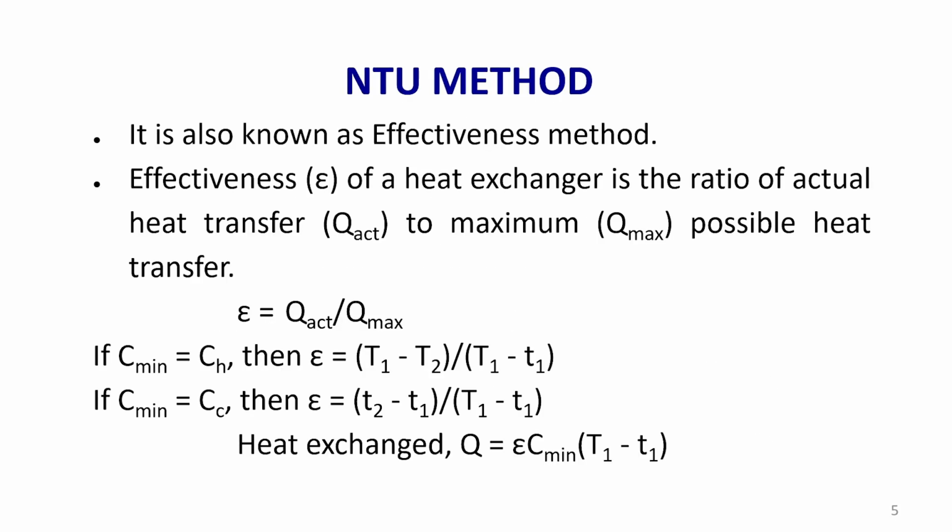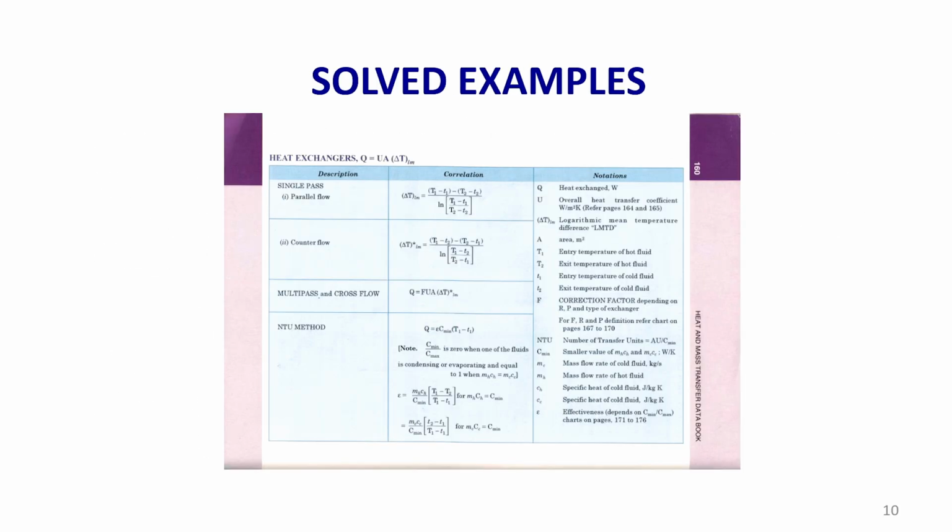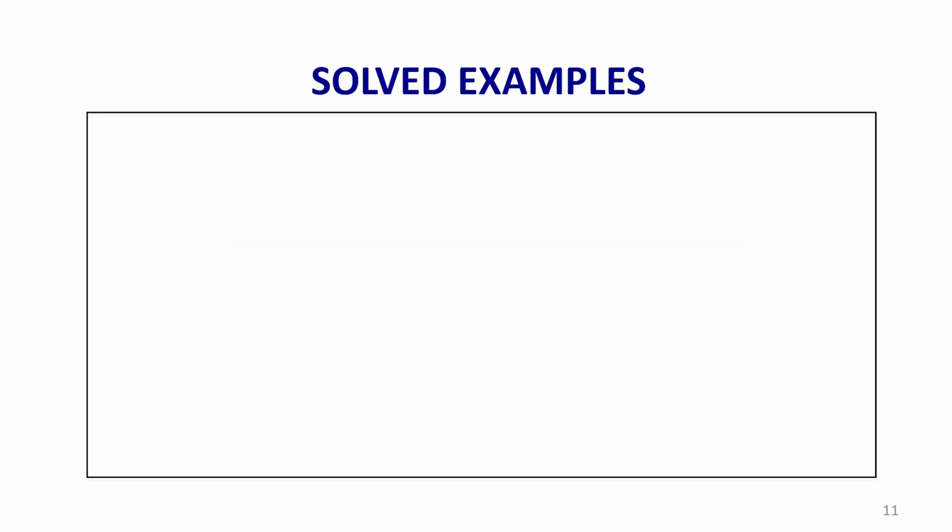Heat capacity is represented by the letter capital C. It is the product of mass flow rate and specific heat. The product of mass flow rate of the fluid and its specific heat is called heat capacity.